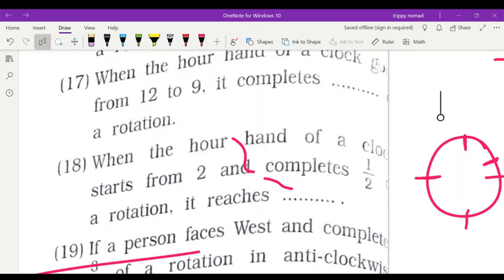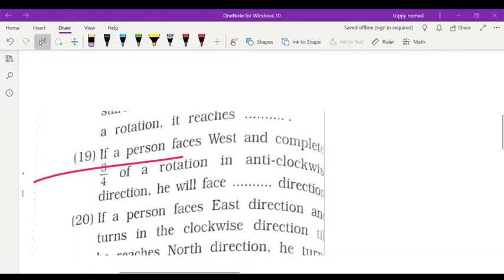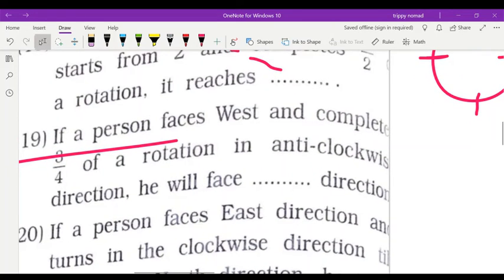Now, question number 19, we are going to start. If a person faces west and completes 3/4 of rotation in anti-clockwise direction, it will face dash direction. First of all, for this question, you have to draw roughly the diagram of directions.